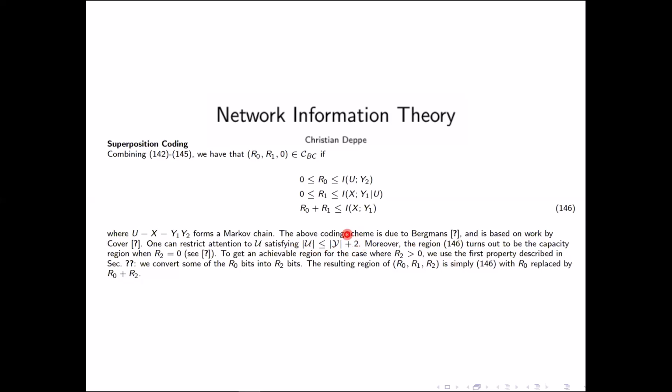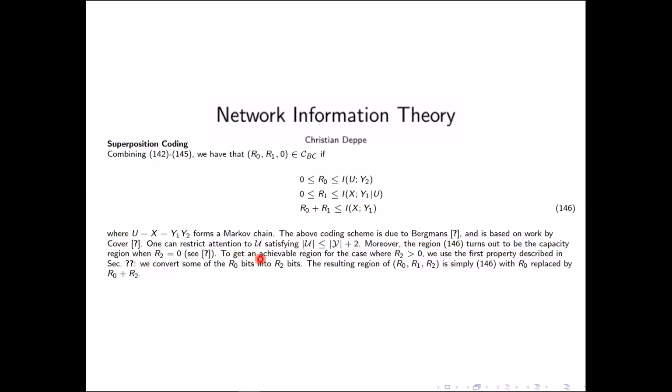But we never talked about the way we do this, so it's just a remark here. Moreover, it turns out that this is also the capacity if R2 is equal to 0.